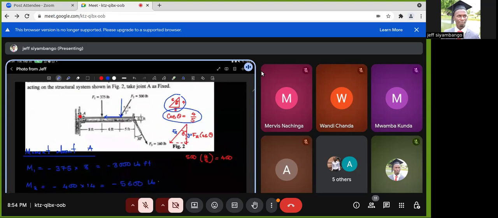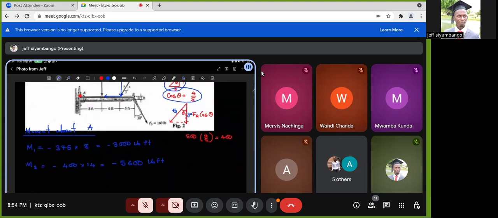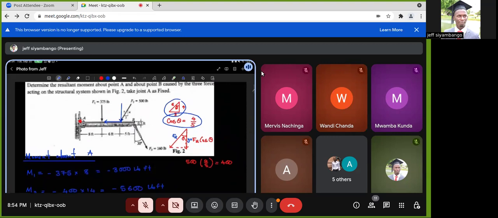Again, now we are left with only F3. So we look at F3, also it will have two components. The vertical component will be coming down like this. So then the angle, we use the angle 160, so 160 cos 30.